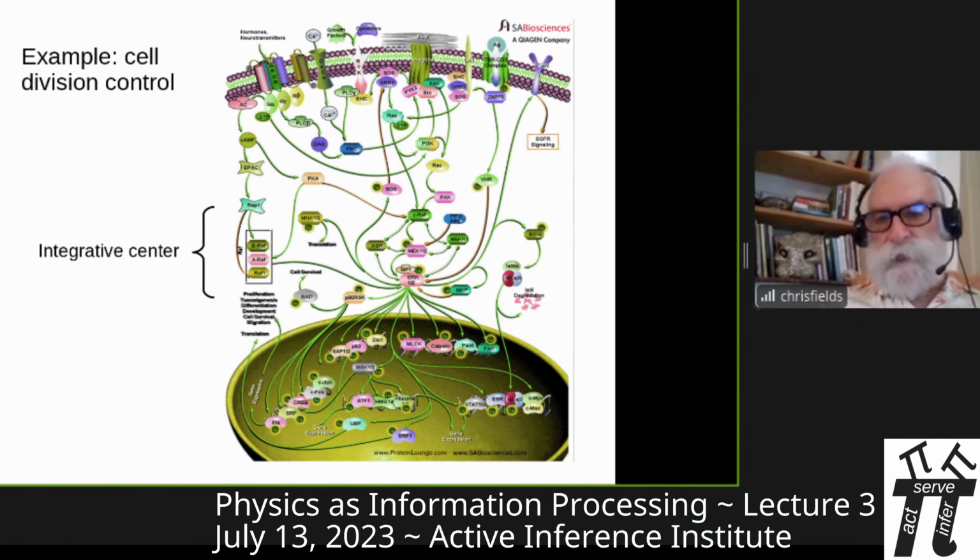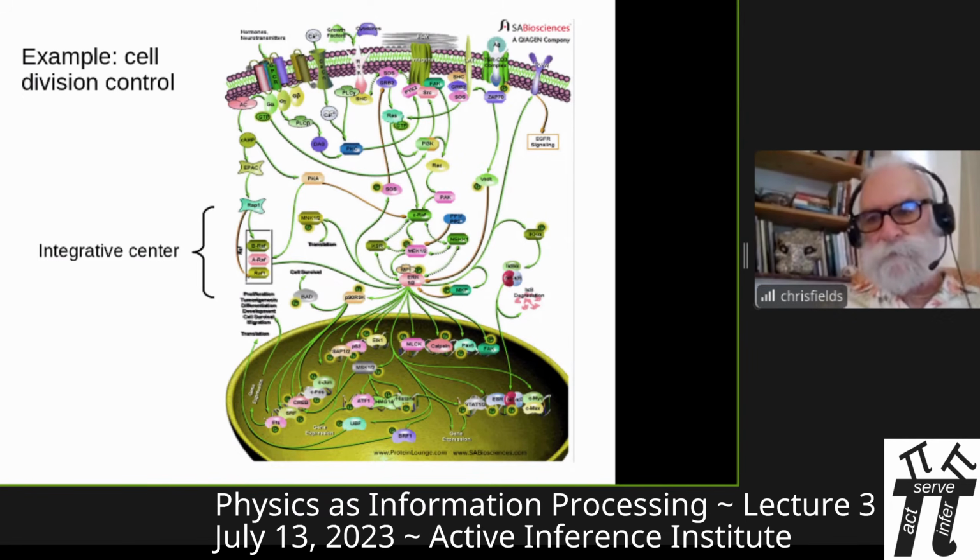And those receptors communicate via a lot of chemistry with the nucleus, which is contained in another membrane, and so serves as, in a sense, the outside upon which the reference frame is acting.